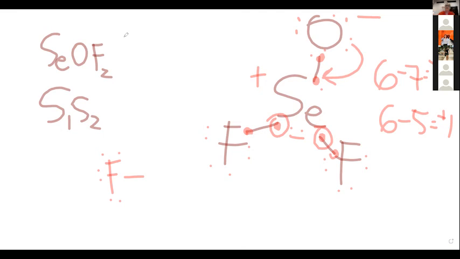That takes away a lone pair and gives another bond. So now the oxygen has 2, 4, 6 electrons, so that charge is now gone. And the selenium now has 1, 2, 3, 4, 5, 6 valence electrons, and it's not charged either.